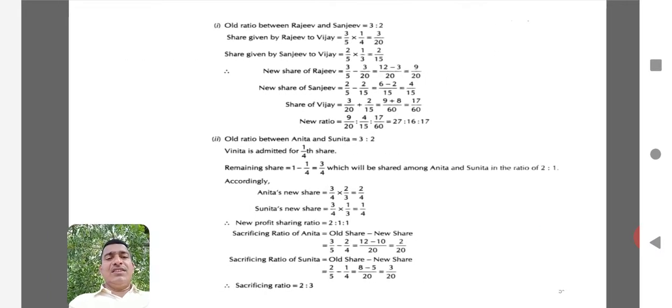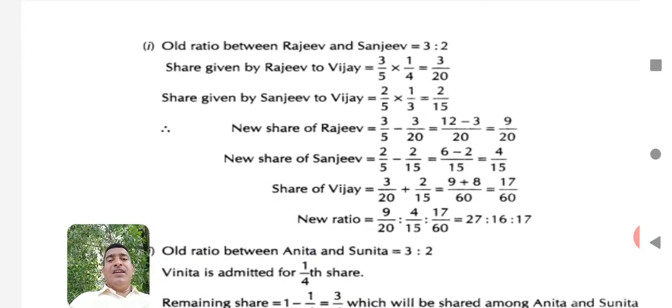Now let us try to understand this problem clearly. Here you see the old profit sharing ratio of Rajiv and Sanjeev is 3:2. Now the share given by Rajiv to Vijay means he is giving a proportion of his profit to Vijay.